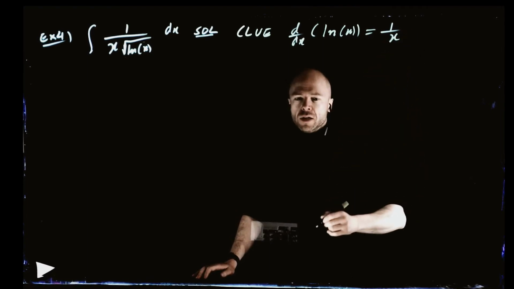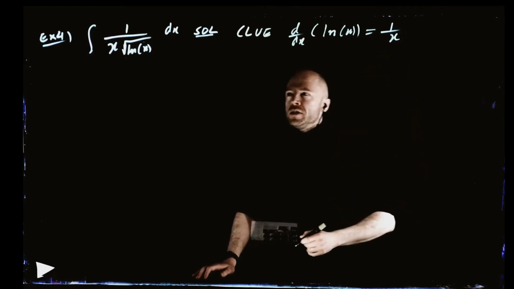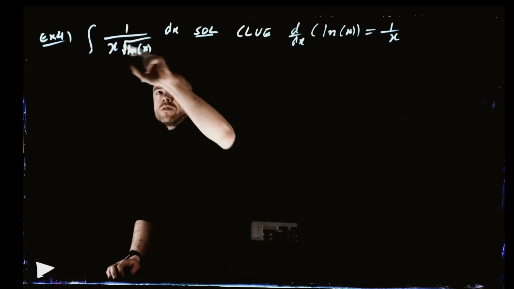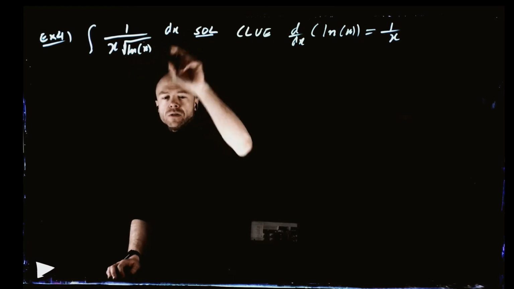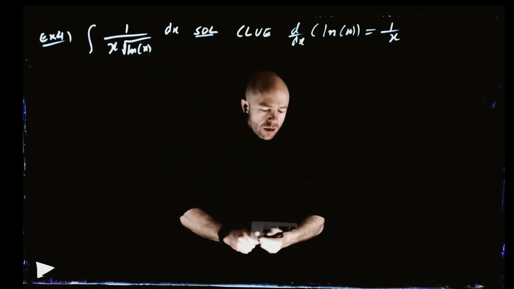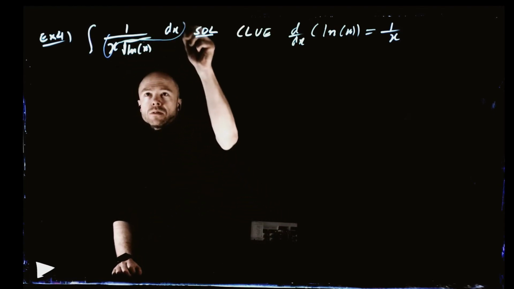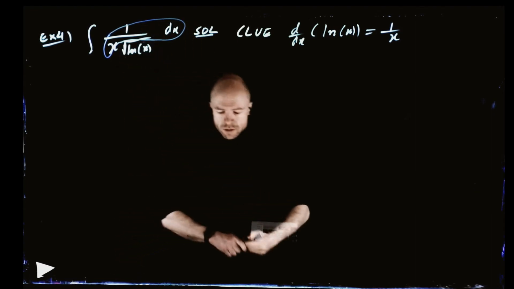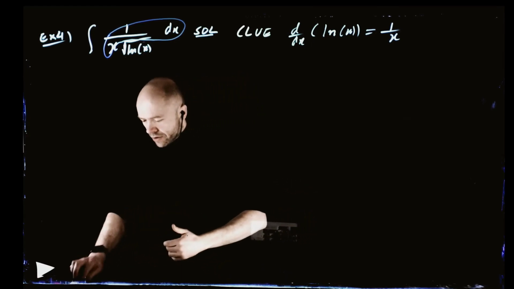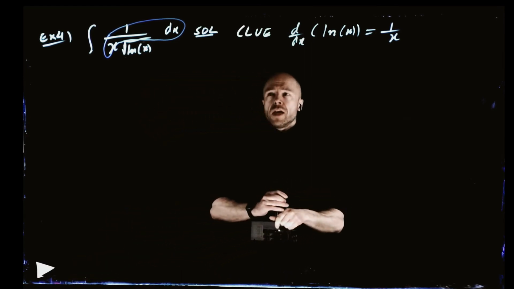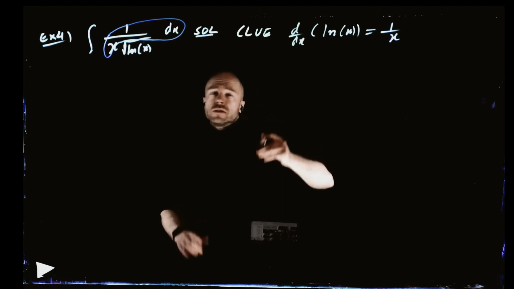It's 1 over x, and we see this 1 over x times dx thing over here, giving us a fairly nice clue as to what form we should take. We should try a U-sub with this.